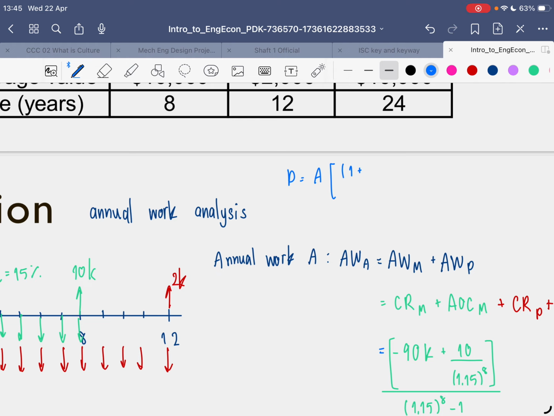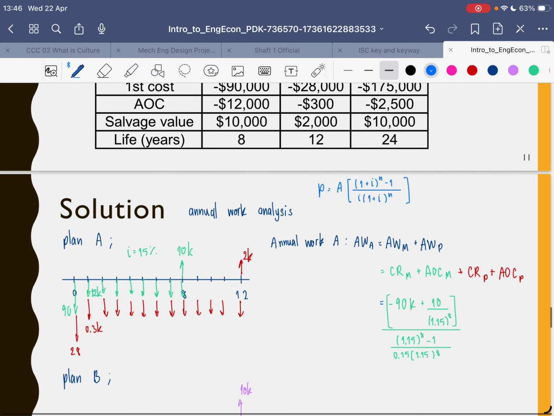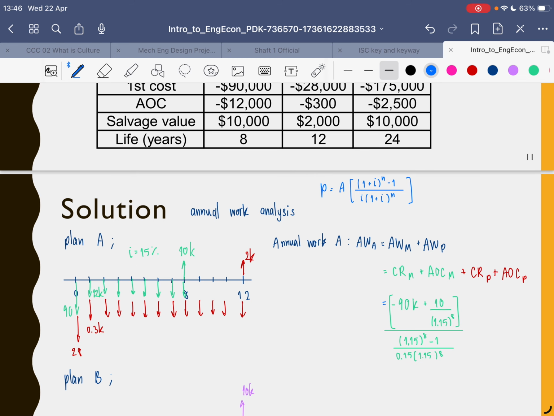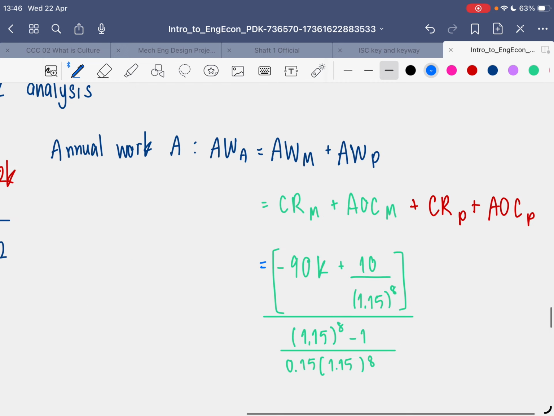And this factor is exactly the same as this factor. And I still need to subtract 12, which is from this 1,200.